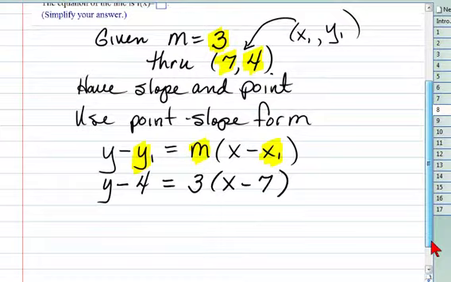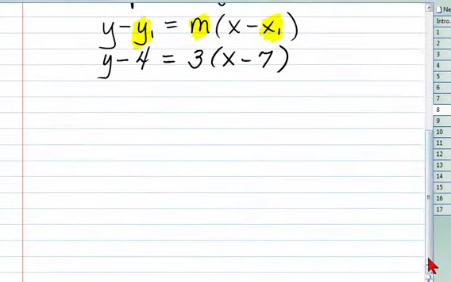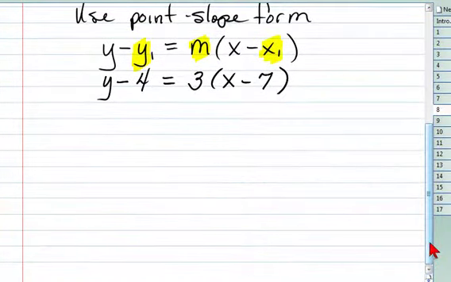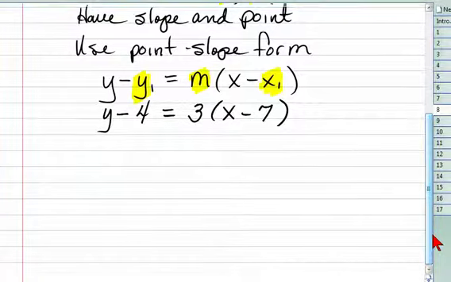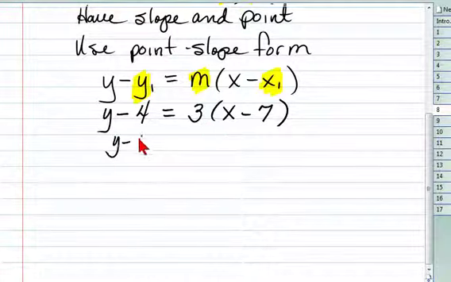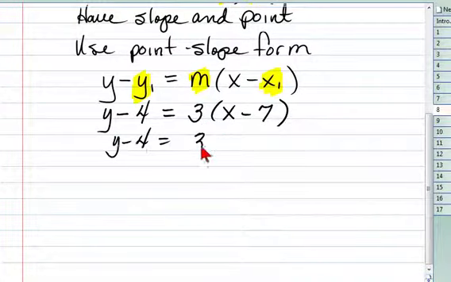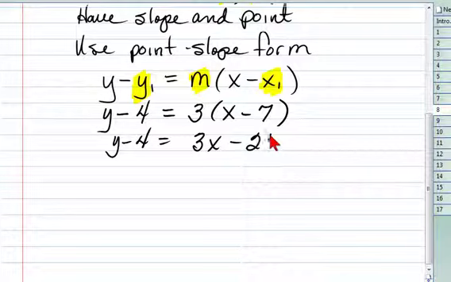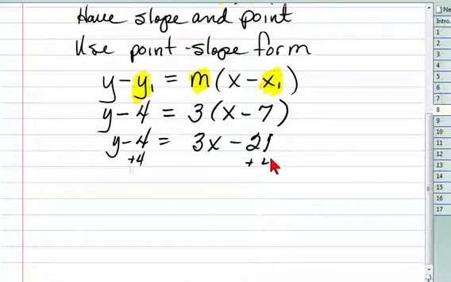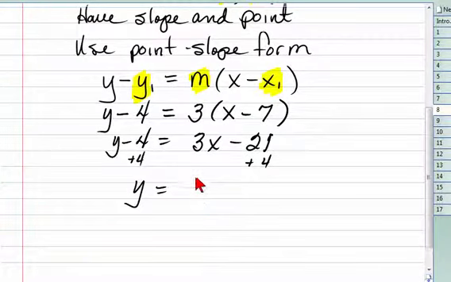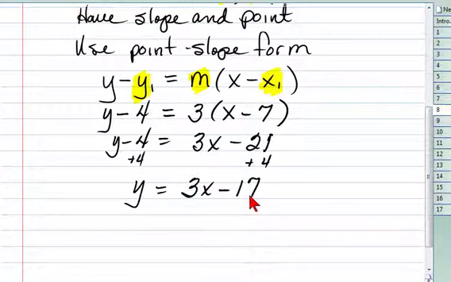If I'm supposed to write this, and they always say this, to write it in function notation, then that's another way of saying always have it in the form y equals. So I'm first going to use the distributive property. Y minus 4 is equal to 3x minus 21. Add 4, and I get y is equal to 3x, what? Minus 17?